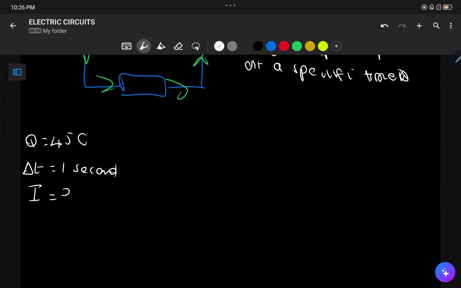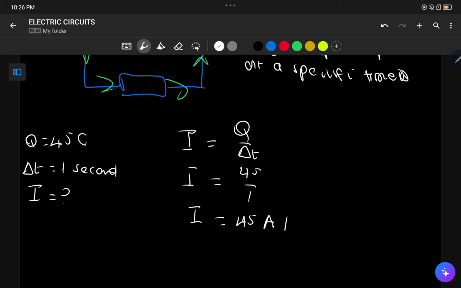In this illustration, 45 coulombs of charge are flowing through a specific point in 1 second. The formula would be I equals Q divided by change in time. I equals 45 divided by 1. Therefore, your current, or the rate of flow of charge at that specific point in time, would be 45 A, or amperes if you don't want to write the capital letter A. So that is how you go about the formula I equals Q divided by change in time.